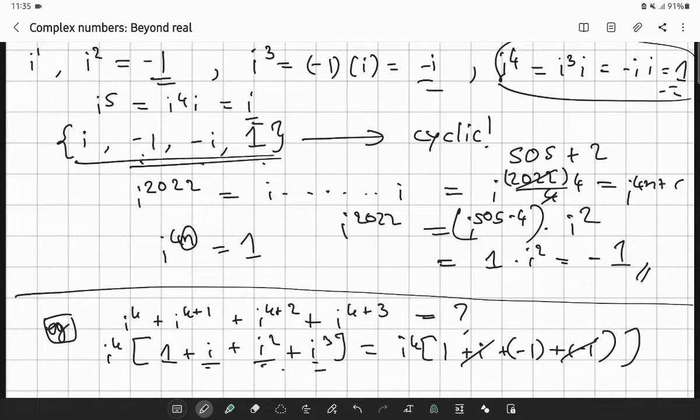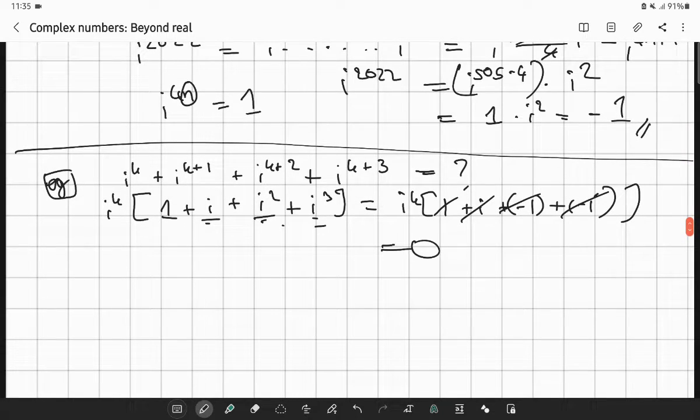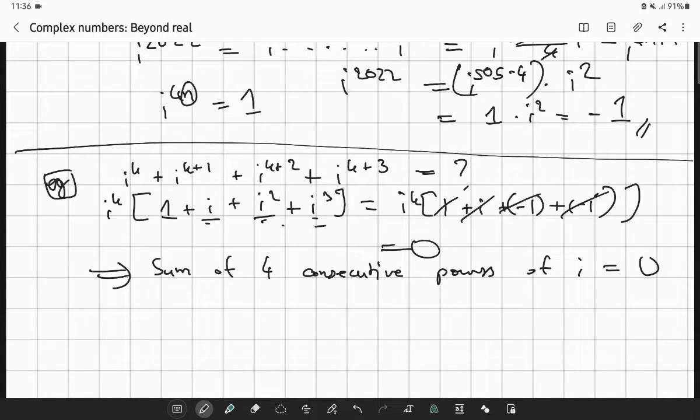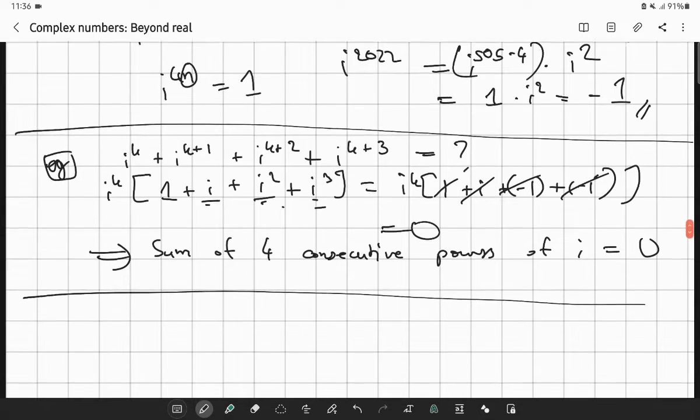So i and minus i cancel out, 1 and minus 1 cancel out. So I have 0. So this proves that the sum of 4 consecutive powers of i is equal to 0. So this is a neat proof.